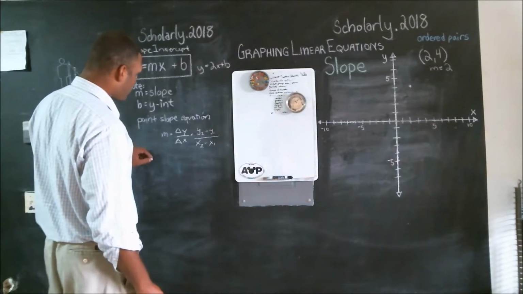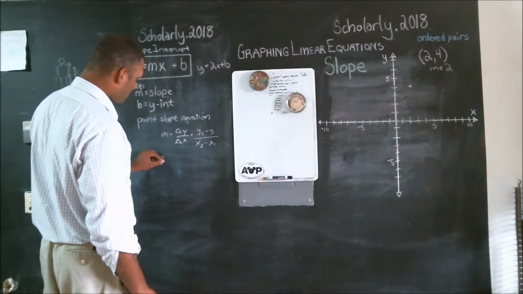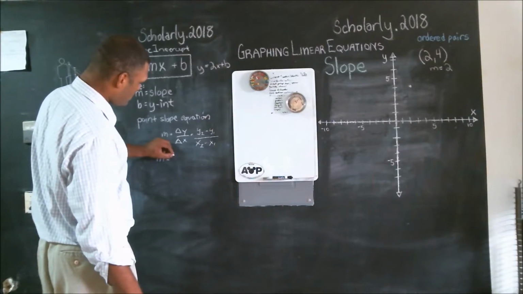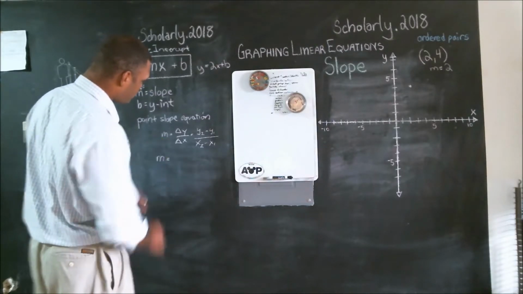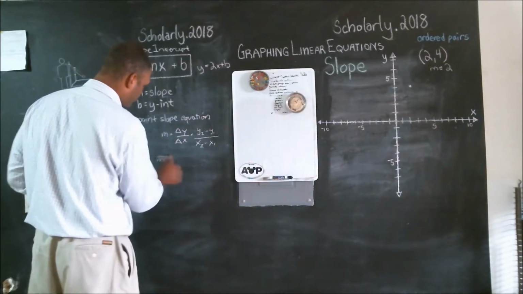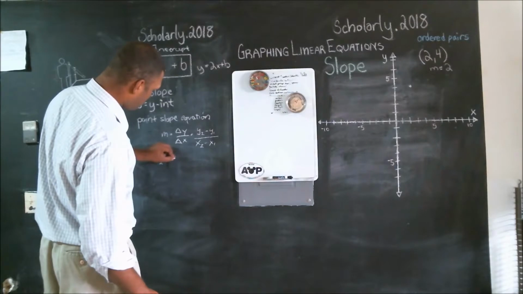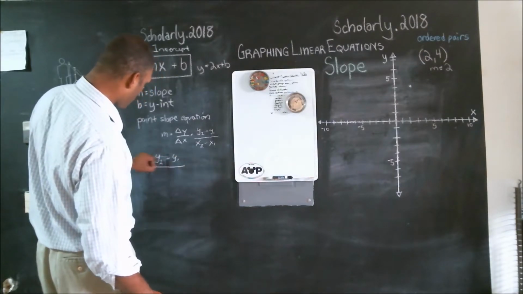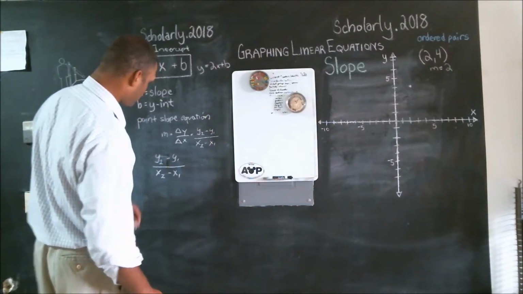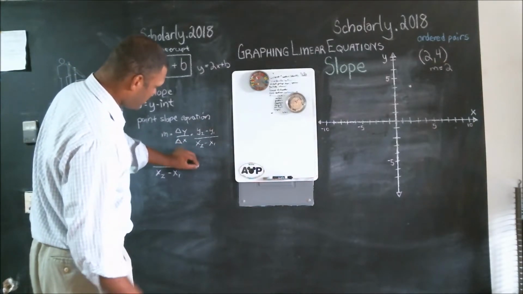So let's rewrite that equation without the change in, all right? And we can say that m, or slope, will equal y2, actually, let's flip it around the other way, y2 minus y1 over x2 minus x1, equals the slope, because that's what it does.